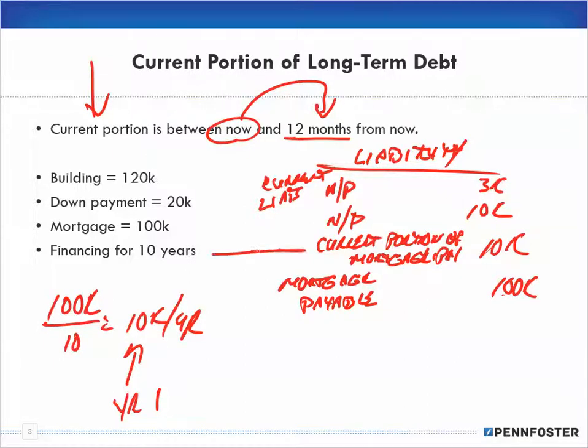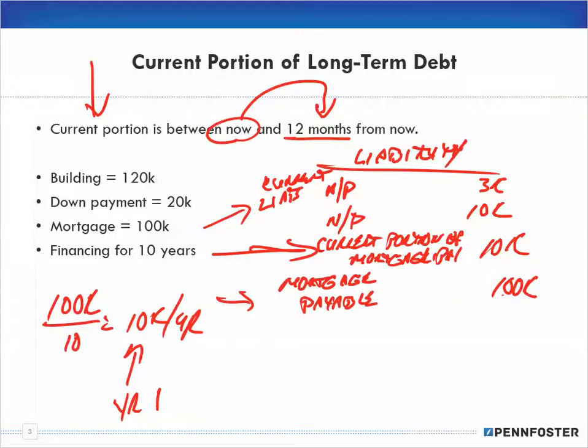Because I am physically moving $10,000 to my current portion, I can't just add it, because then that throws my accounting equation out of balance. So if I'm adding the $10,000 here as the current portion of the mortgage payable in the current liability section, in our long-term liability section, I have to take it out.